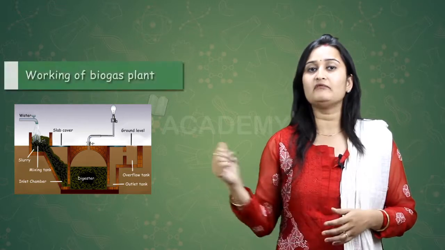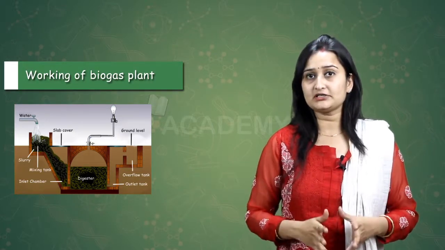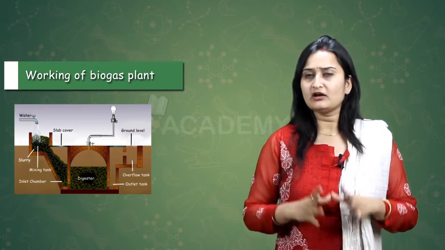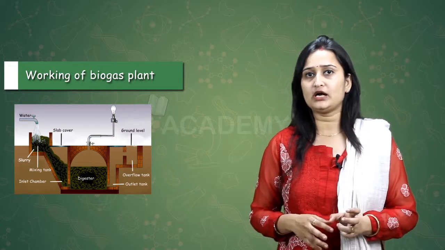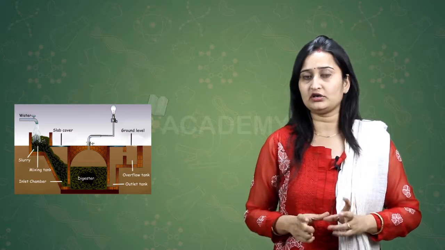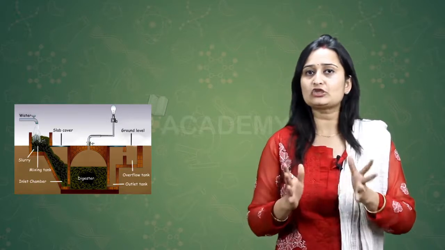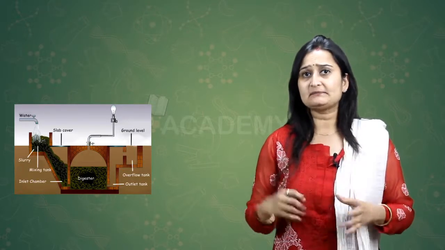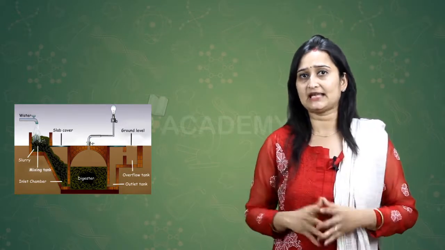Now let's start with the working of the biogas plant. In the working of the biogas plant, first we have to make a slurry. What is the slurry? I have already mentioned. When the fresh cow dung is mixed with the water and the composition is stirred, that mixture is called slurry. This mixing of cow dung with water takes place in the mixing tank.